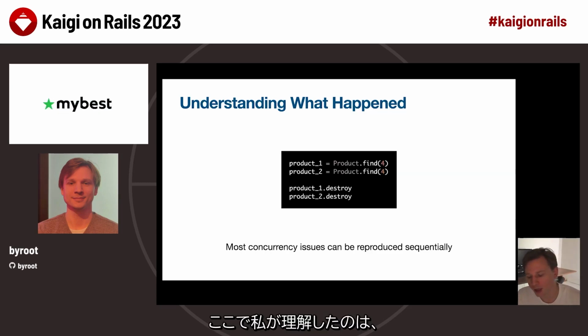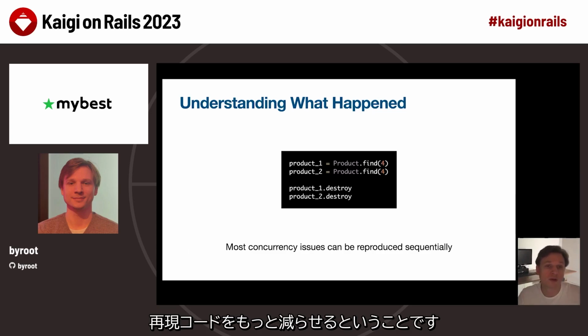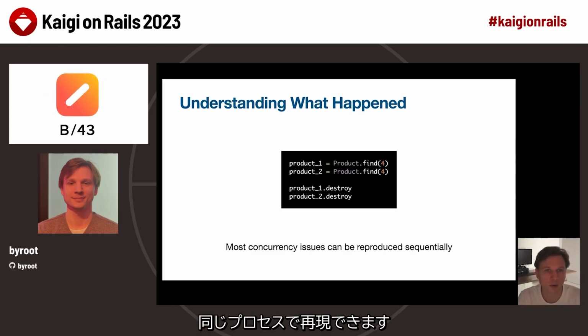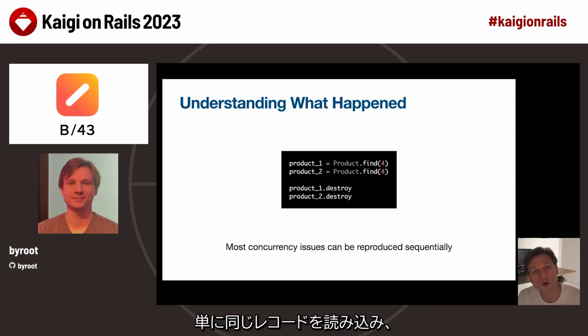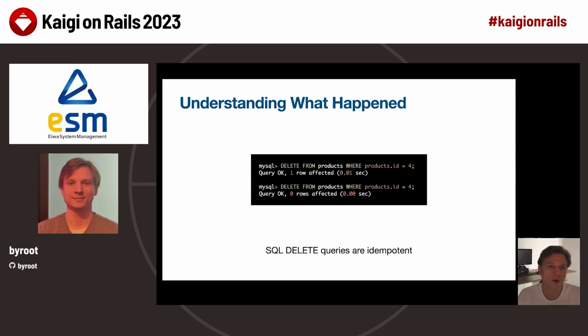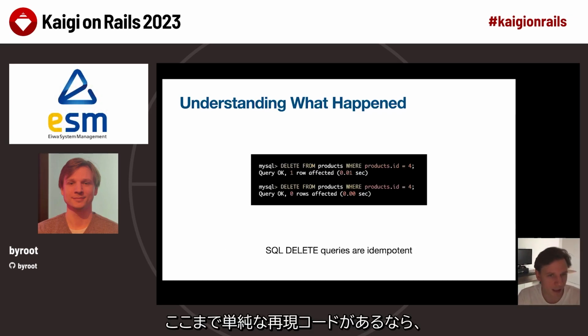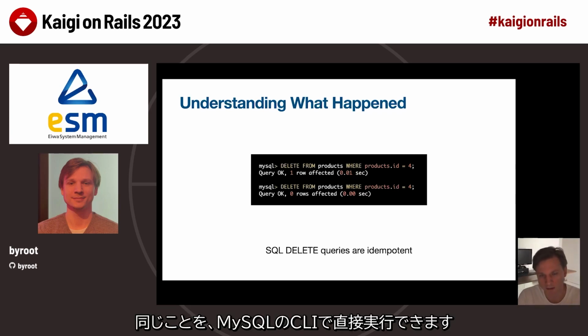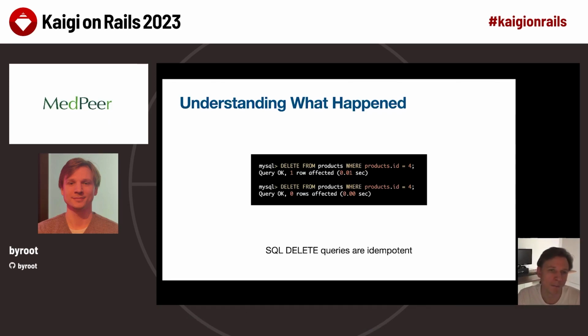Now that I understood that, I was able to reduce the reproduction even more. You can just do it with very simple Ruby code in the same process. You don't even need 2 processes. You can just load the same record twice and then destroy it twice. And now that I had such a simple reproduction, I could do the same directly in the MySQL command line.